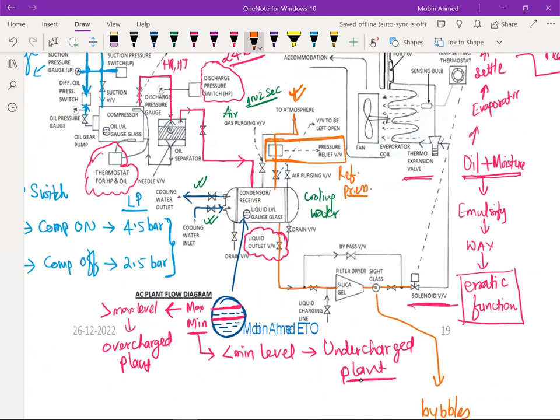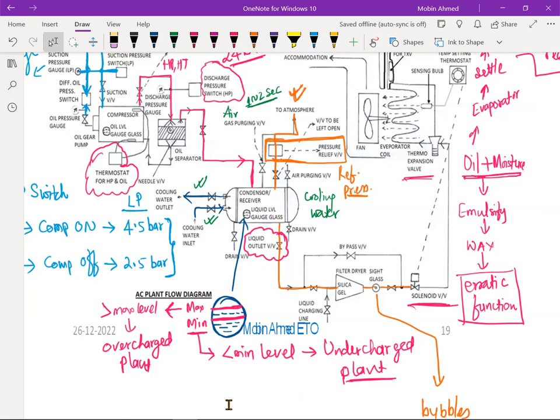This filter dryer is going to give you the trouble. You need to change this filter dryer. But what people are doing, they are just charging the plant again and again. Do not charge the plant. You need to go very systematically to understand this system. So if the bubbles are there, that means the passing of the refrigerant is going to be less.